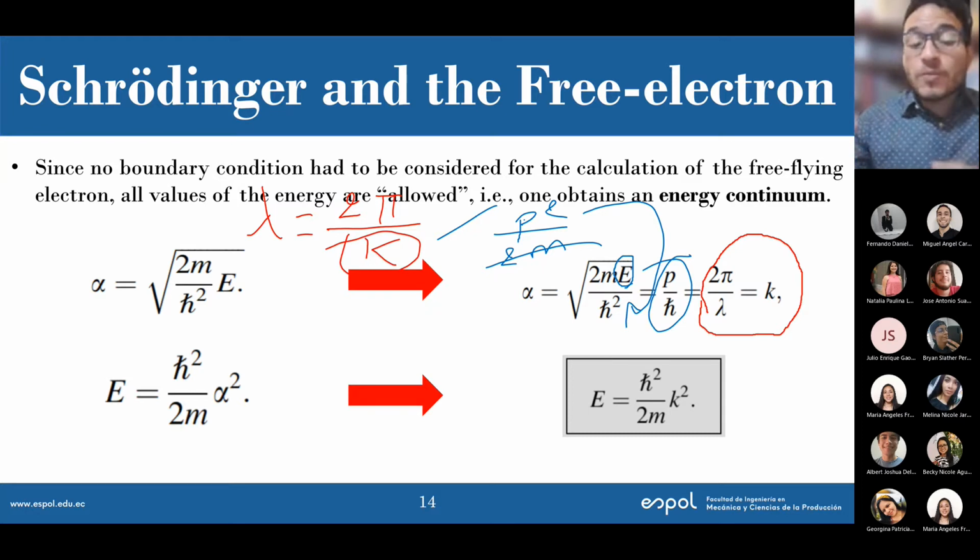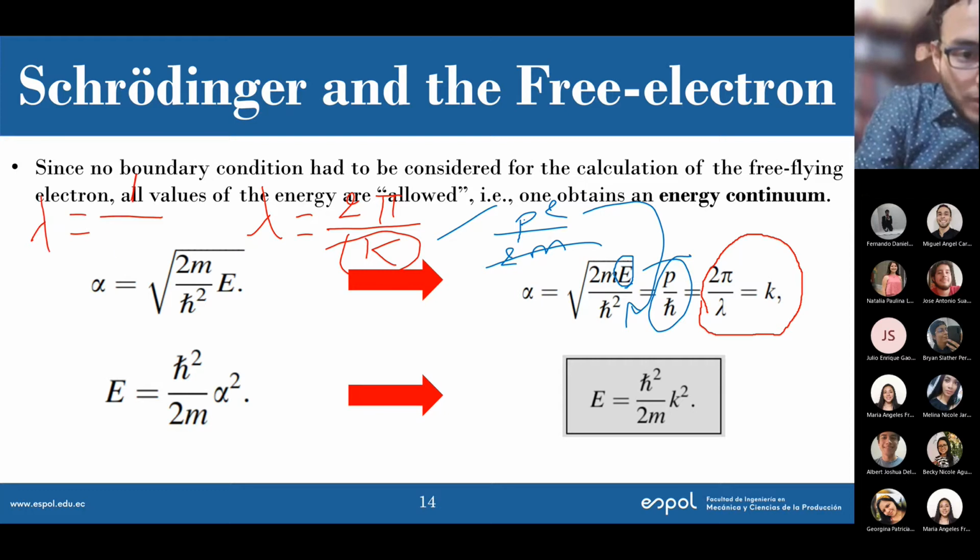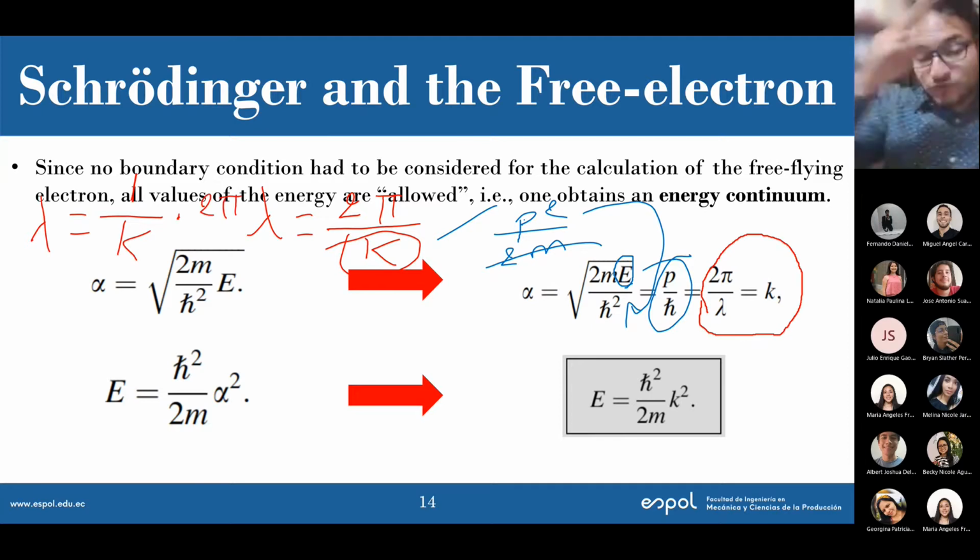The inverse of the wave number times 2 pi, and 2 pi is just because of the frequency of a wave. Remember, 2 pi is just related to the frequency of a wave. So that's why you multiply it. So basically the wavelength is the inverse of the wave number, 1 over k times 2 pi, because the wave frequency is usually 2 pi.